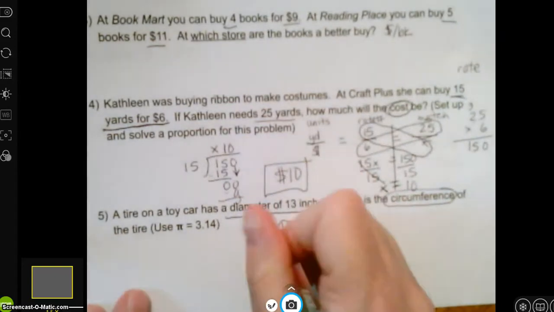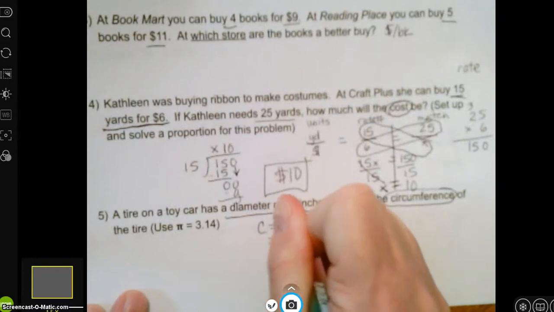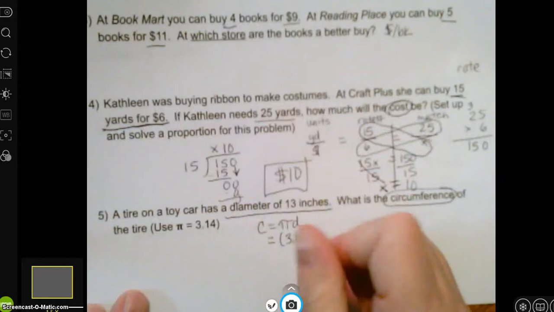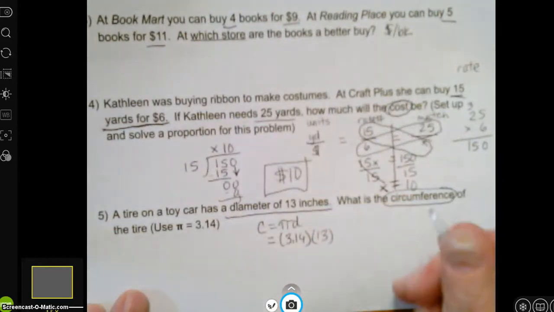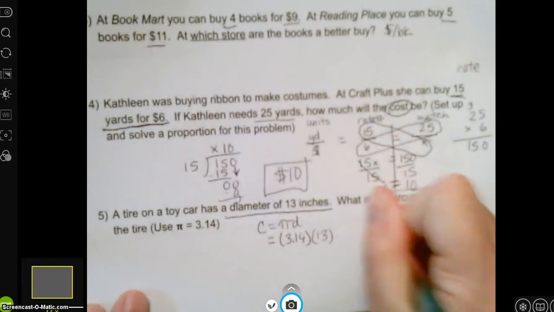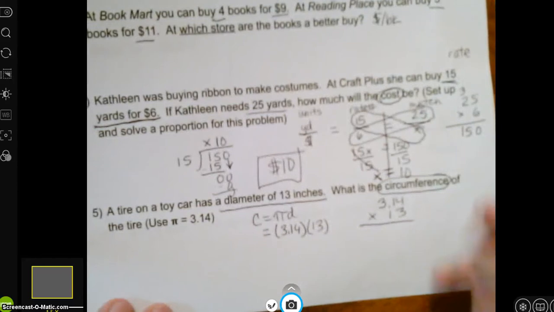Pi is 3.14. It's not a variable, but a lot of times we just treat it that way. Diameter is 13. And guys, this is all I have to do. I have to multiply 3.14 times 13. I want you to try to do that by yourself.